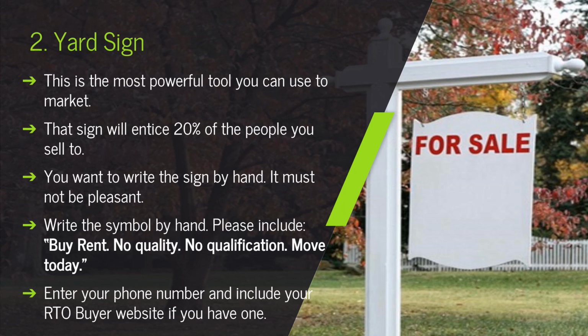The idea is really to bring in as many people as possible to get in touch with you from these signs. And you want to look amateurish instead of fully professional, because a lot of these tenant buyers will be scared if you're very professional in your approach.